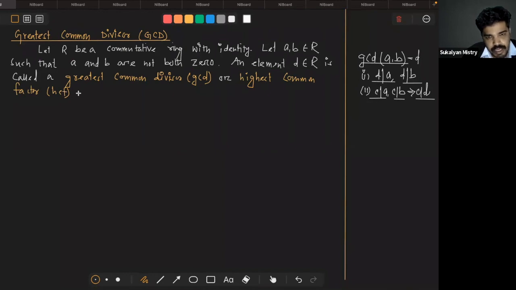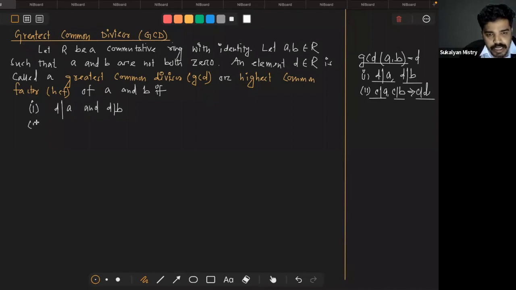If HCF of a and b, if number one condition, d divides a and d divides b, that is, d is the common divisor of a and b.